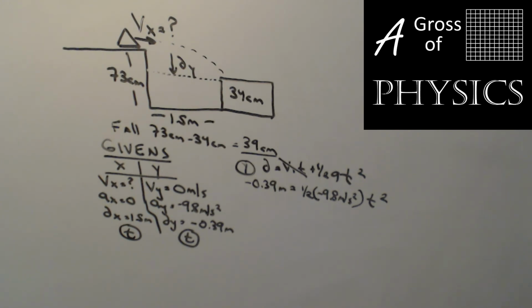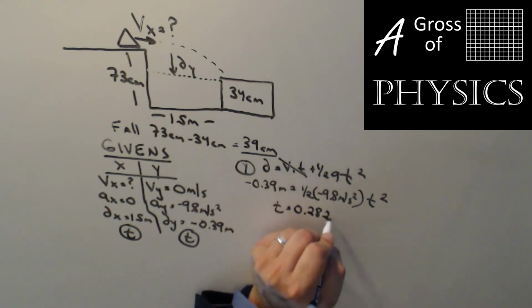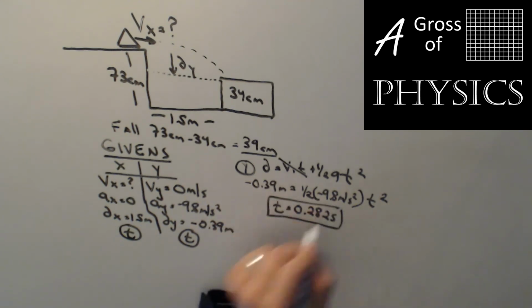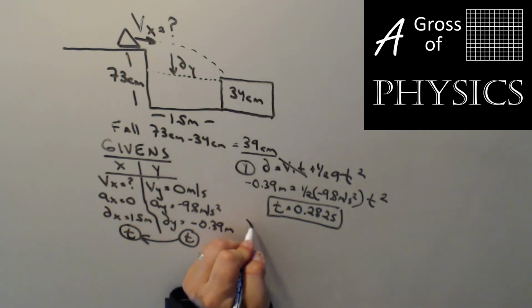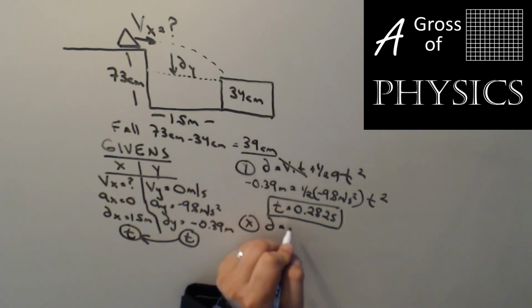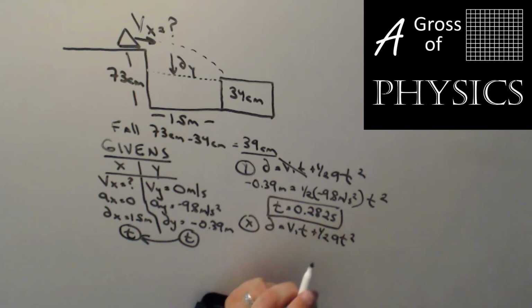0.39 divided by 4.9, the negatives will cancel. Second square root, second answer. I have t is 0.282 seconds. Now t is common to both sides, so this t and that t are equal. So in the x direction, d equals vit plus 1 half at squared.